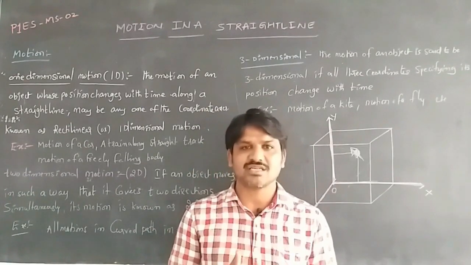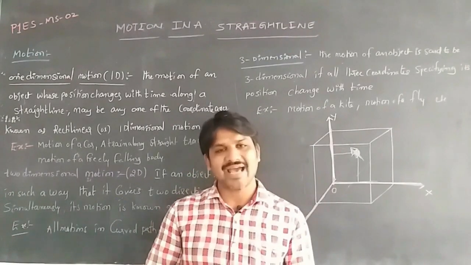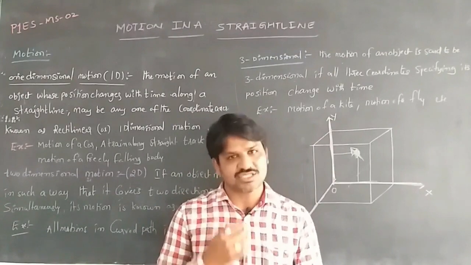These types of parameters are involved when the body is in motion. Let us see the parameters involved during the motion of an object along a straight line.